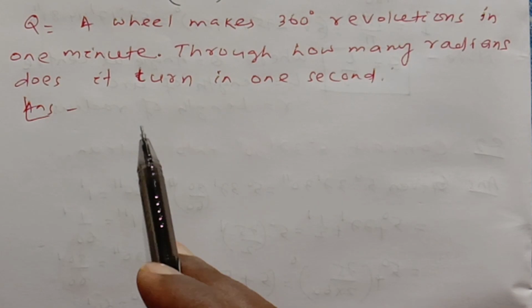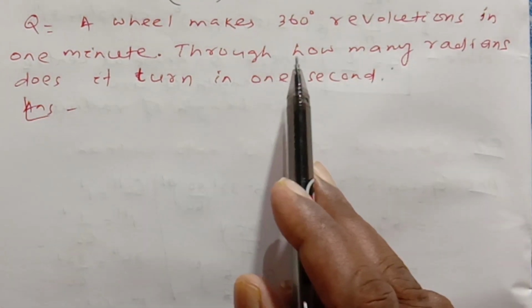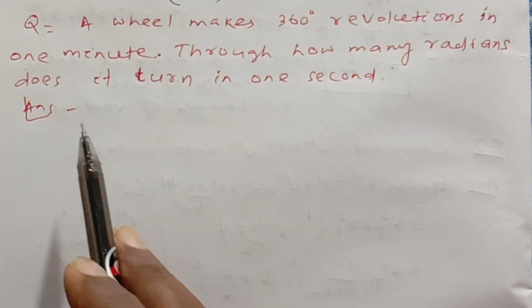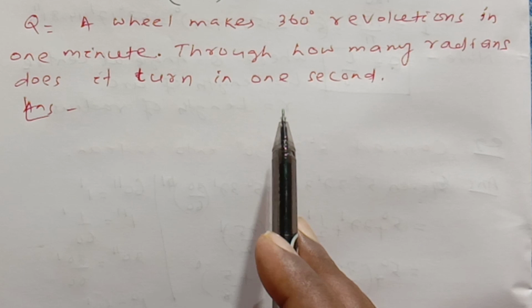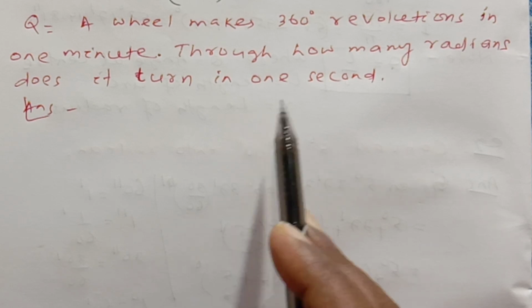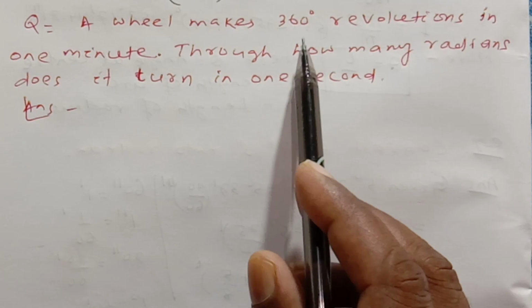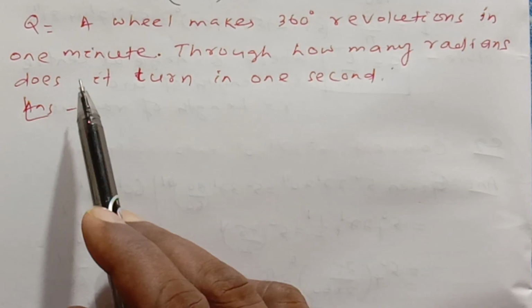So an important question. A wheel makes 360 revolutions in 1 minute. Through how many radians does it turn in 1 second? So in 1 second, how much will it turn? So look here, the number of revolutions is 360, the time is 1 minute.